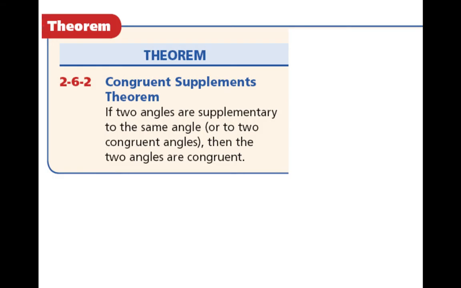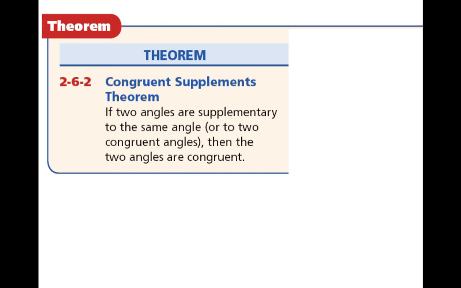The next theorem is called the congruent supplements theorem. Again, read through and write down what's the hypothesis, what's the conclusion. Now this one with the parentheses part in the hypothesis, there really are two ways you can use this theorem.